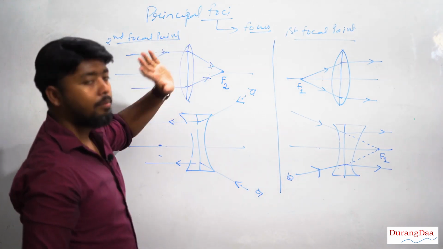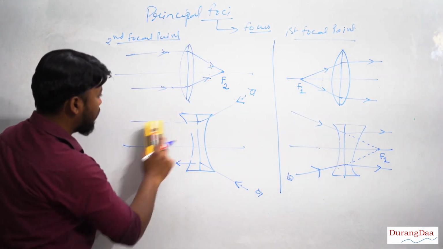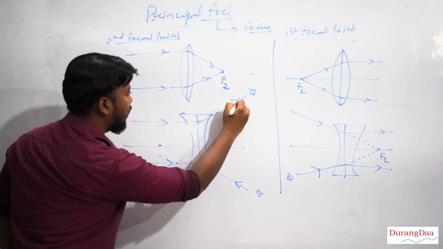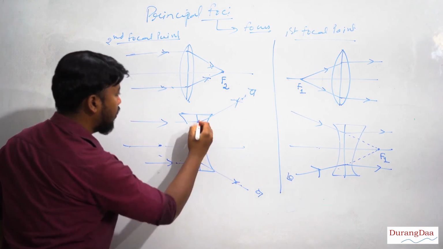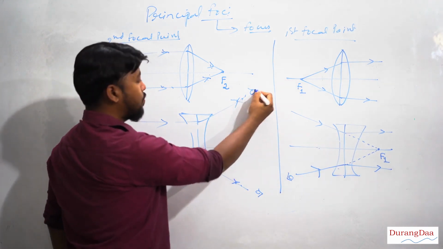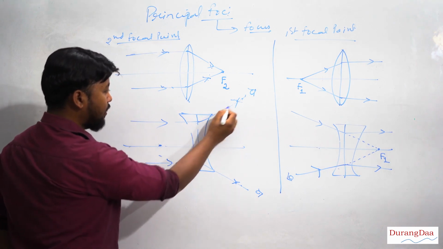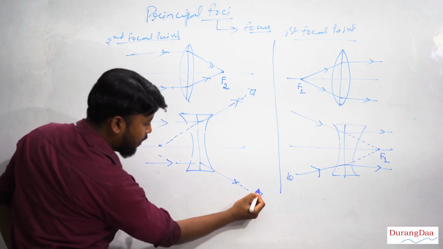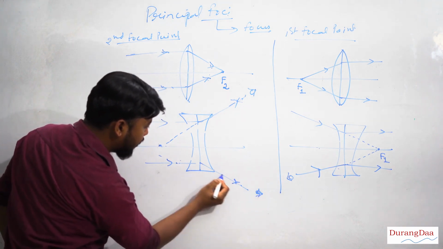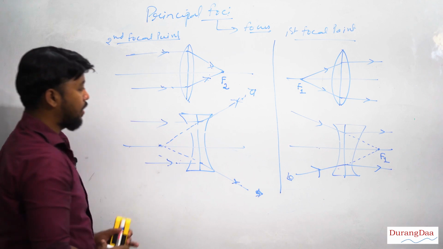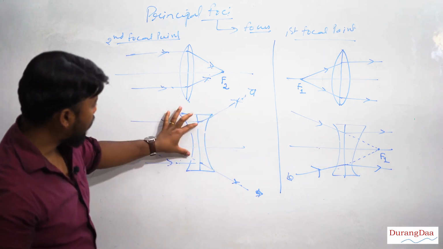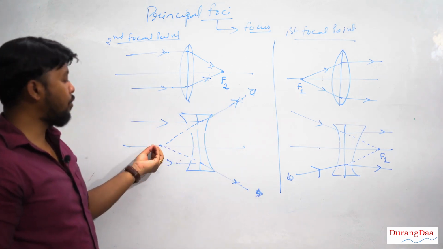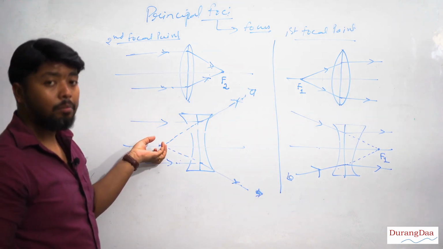In the previous diagram, the light ray was moving like this, but a person looking from this point will have the illusion that this ray is actually coming from this point, and this ray also. These two rays are not actually meeting, but to a person over here, it appears to meet at this point or originate from this point.